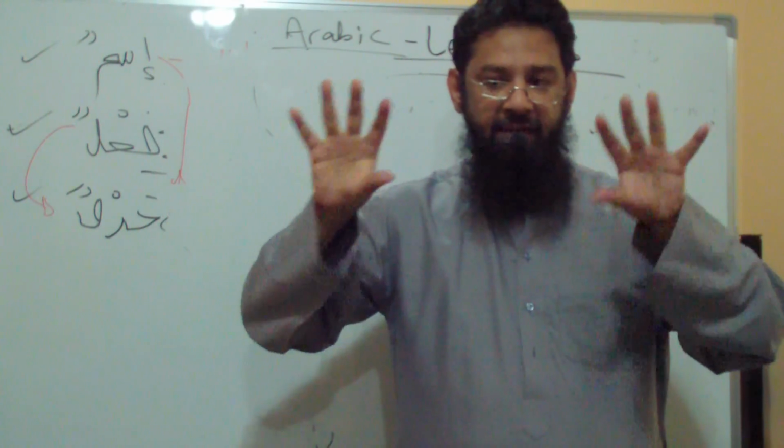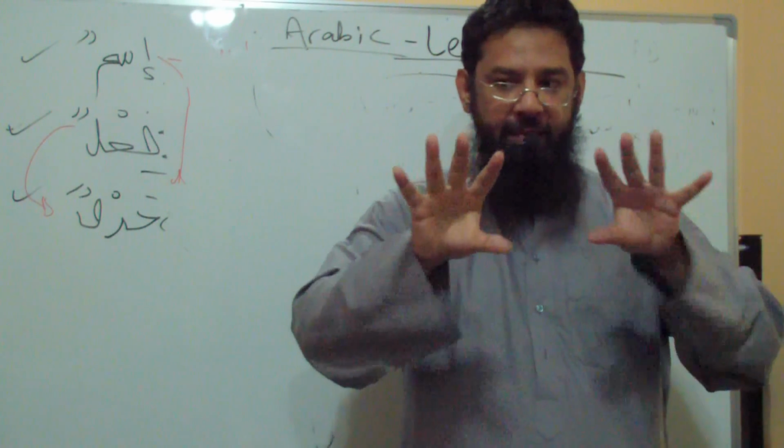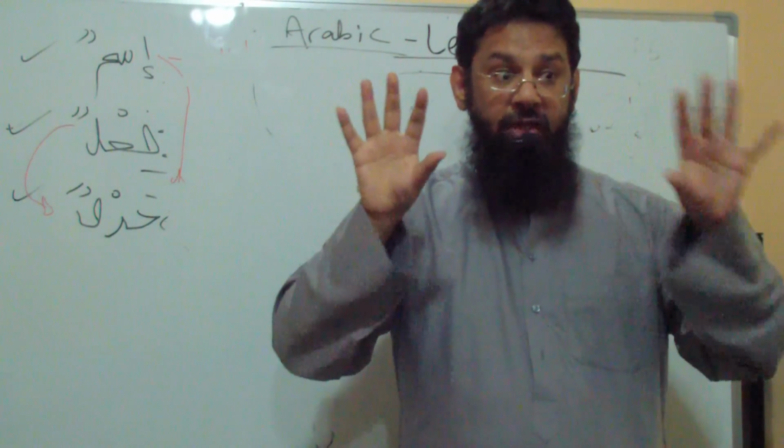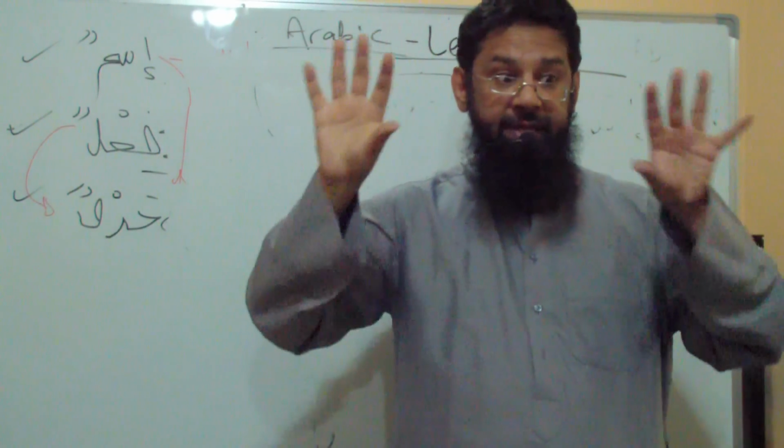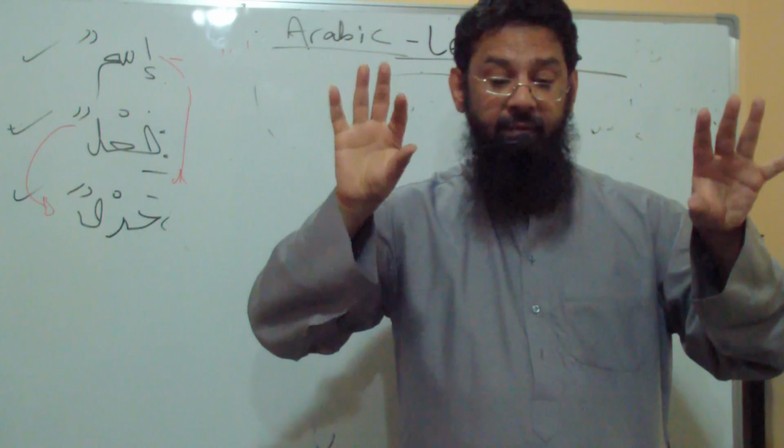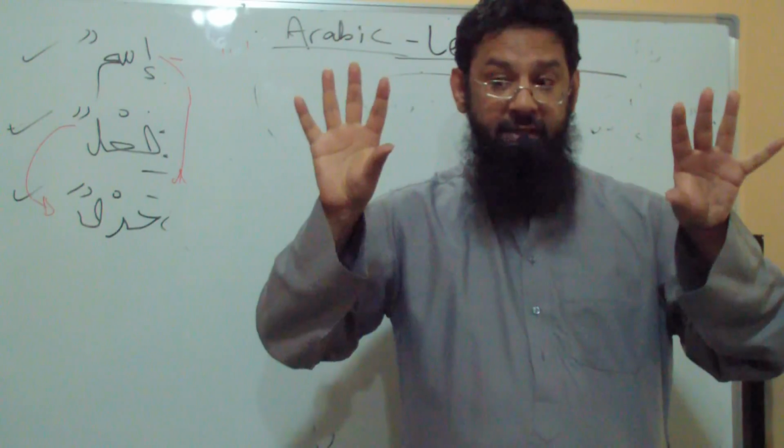And if it's adjective and adjective, again the same rule. And if it's noun to noun, what's the difference in noun to noun? It is idafa. But what's the difference?